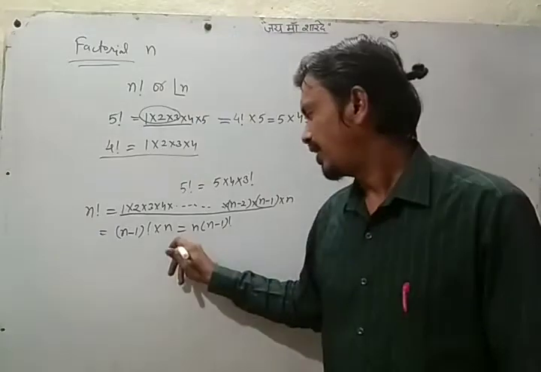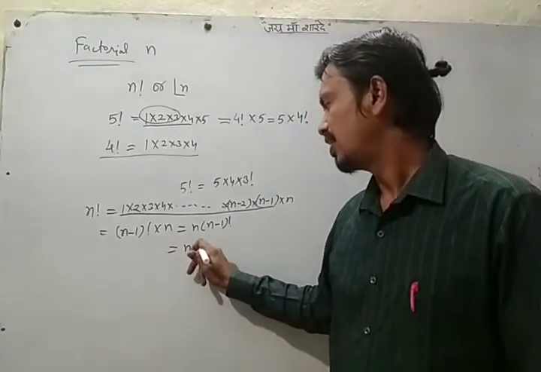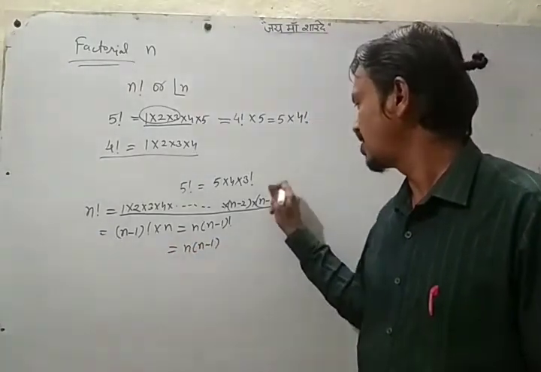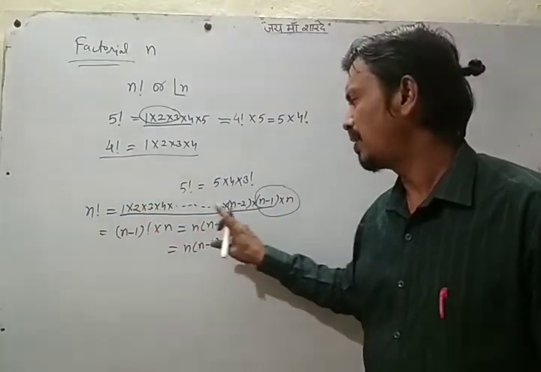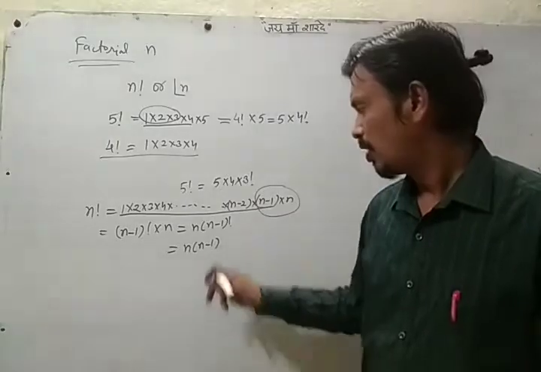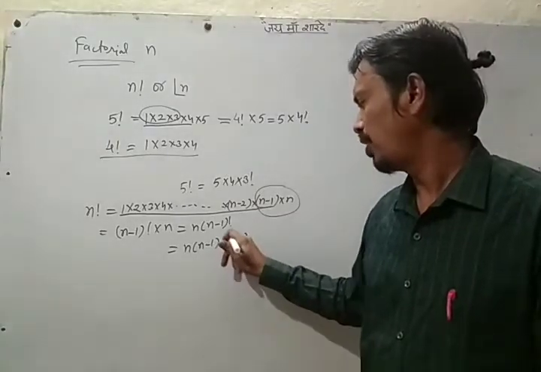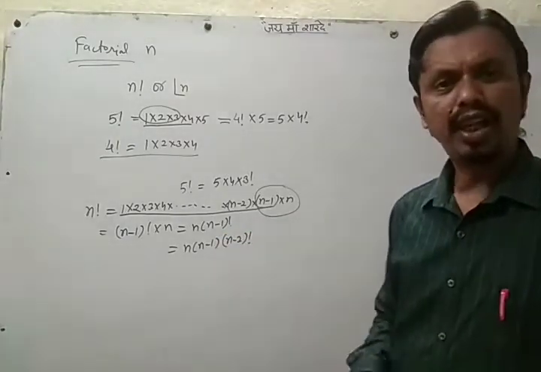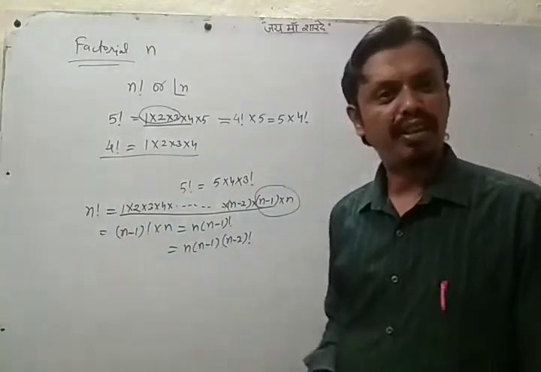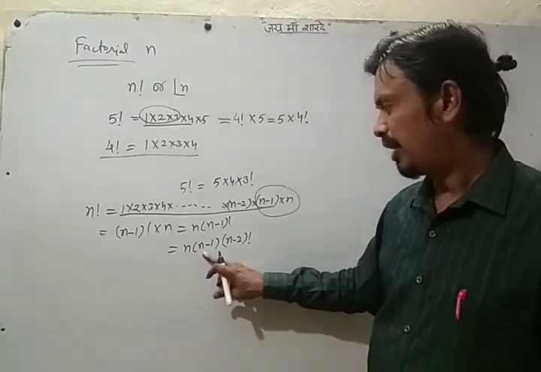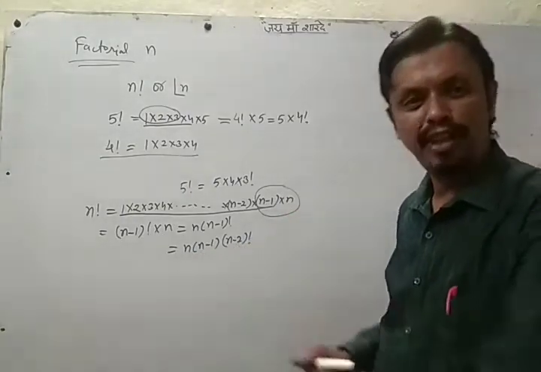Or it can be written as n into n minus 1 as it is, and then the product of the first n minus 2 natural numbers, which is n minus 2 factorial. So according to our need, we can expand this, we can open this factorial sign. n into n minus 1 into n minus 2 into n minus 3 factorial, we can write.